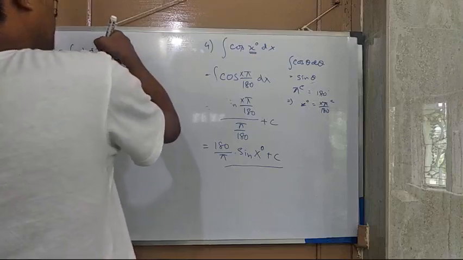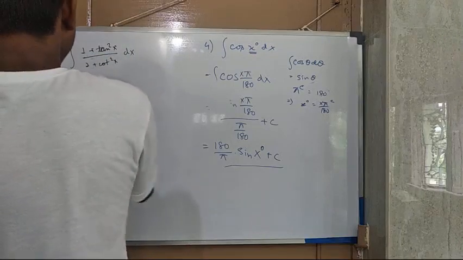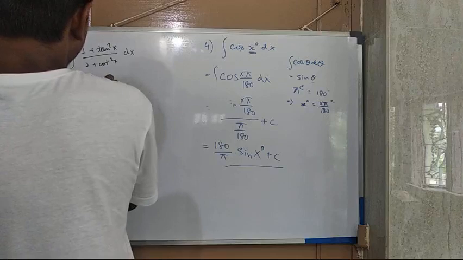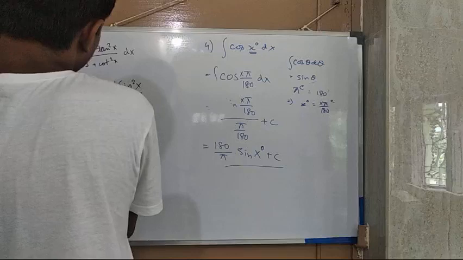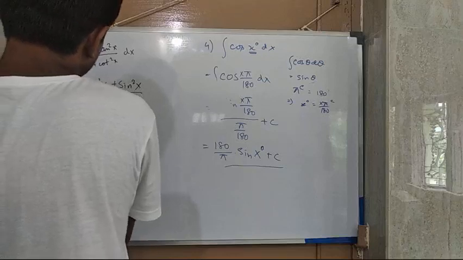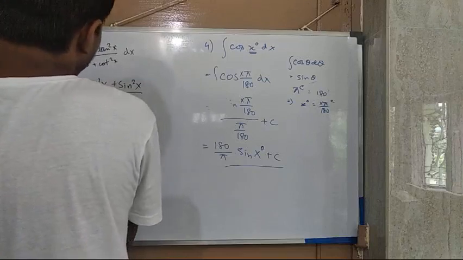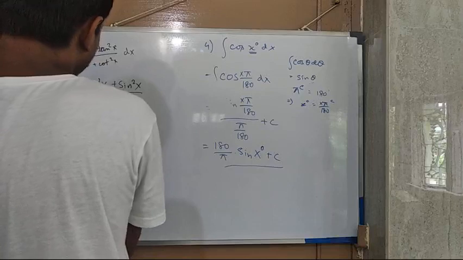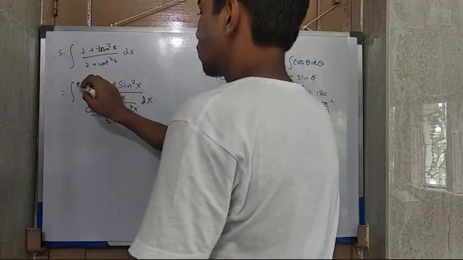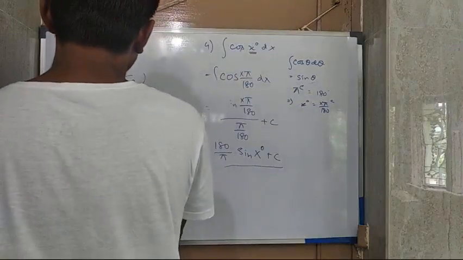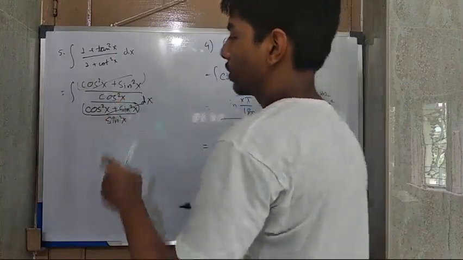Just simply make this sine square x by cos square x, and this will give us cos square x plus sine square x by cos square x, divided by sine square x plus cos square x by sine square x, dx. So this just cancels out, and this is cos square, this sine square x will go on the top, so this will become tan square x.